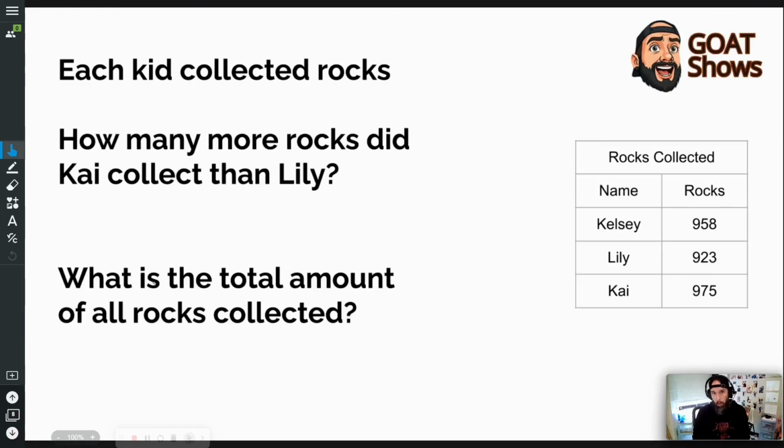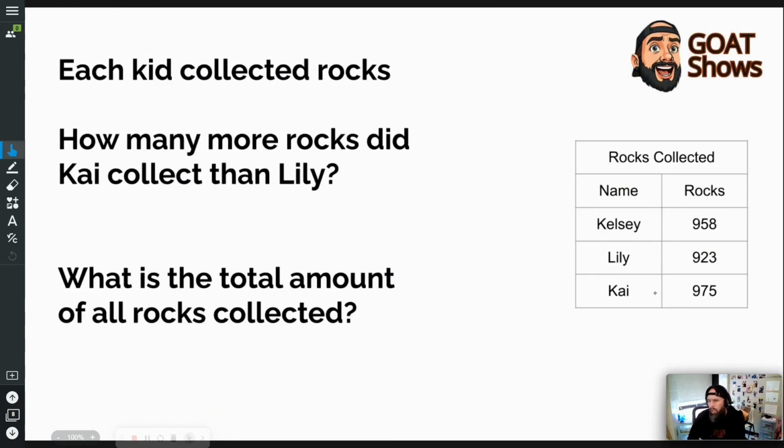Here's another type of problem that you're going to see. Maybe you're given a word problem, or maybe in this case you're given a table. And you're talking about, in this case, each kid collects rocks. So rocks collected. You have Kelsey, Lily, and Kai. Kelsey collected 958. Lily collected 923. Kai collected 975. How many more rocks did Kai collect than Lily?